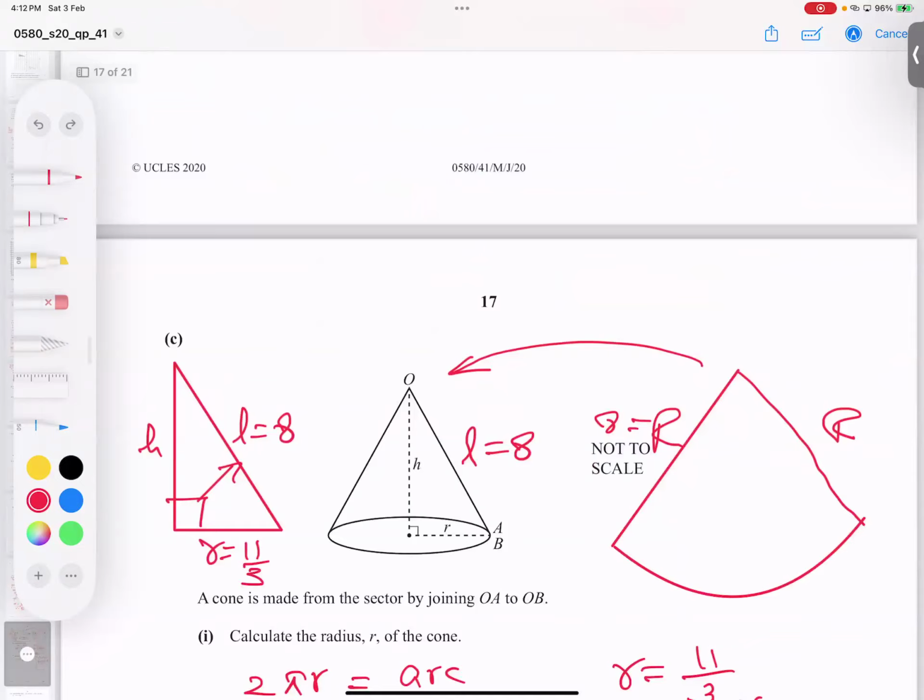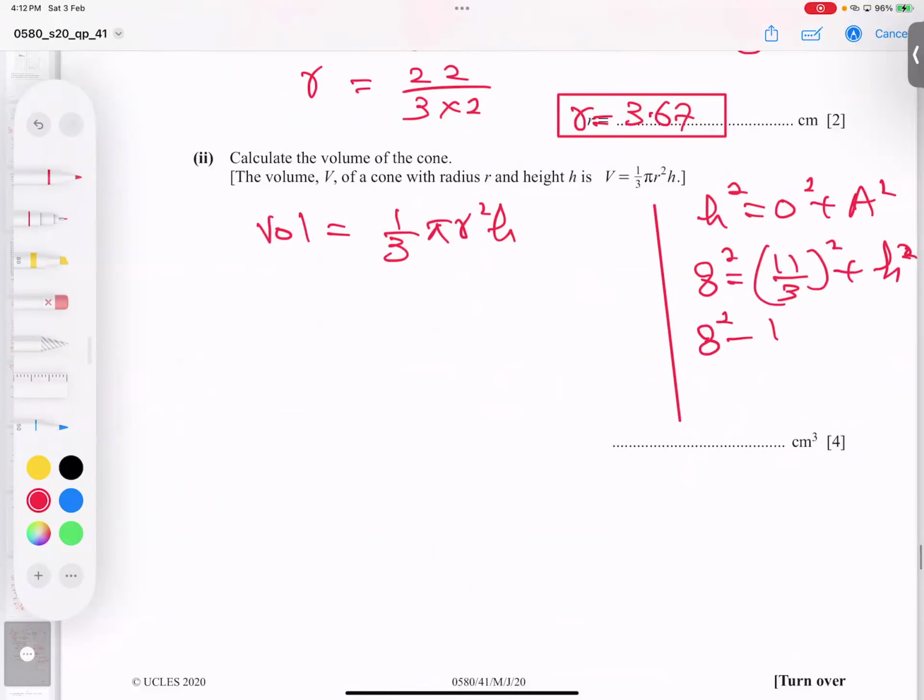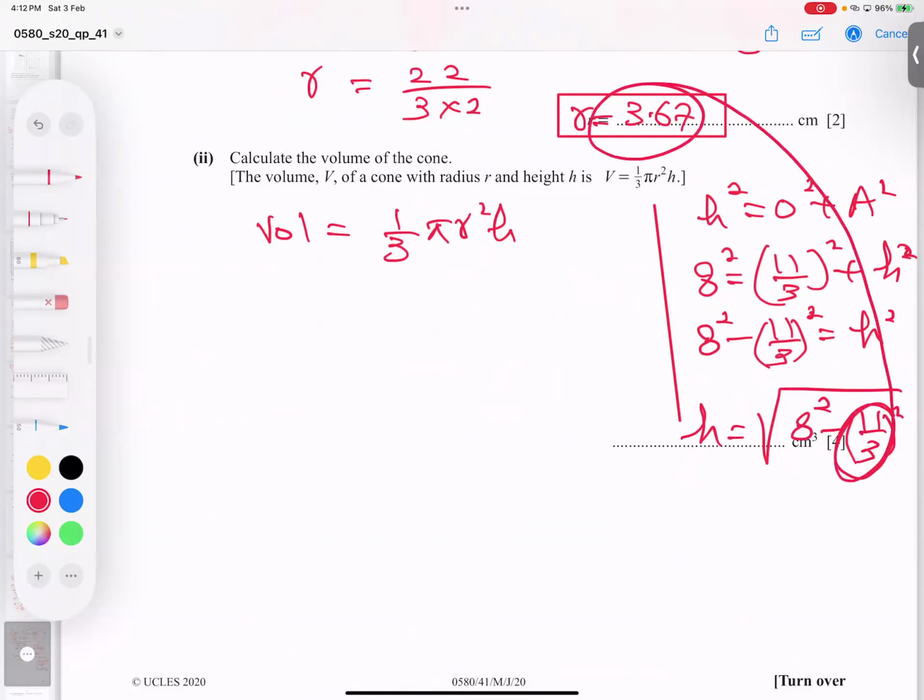So now I'm finding it: 8 to power 2 minus 11 over 3 to power 2 equals h squared. In short, h is the root of 8 to power 2 minus 11 over 3 to power 2. If you don't like 11 by 3, you can use the decimal answer even, but for accuracy I always use this way. I believe you got my point.